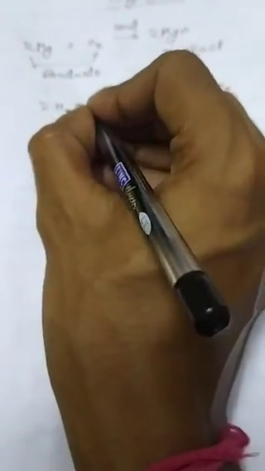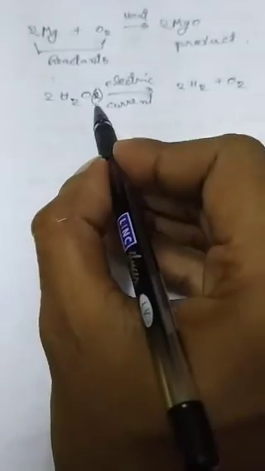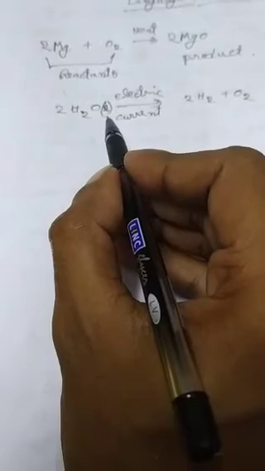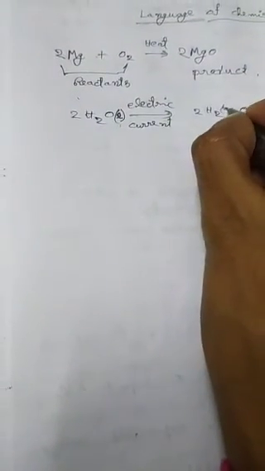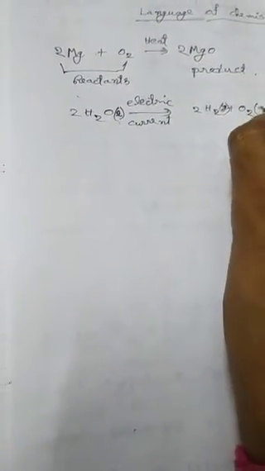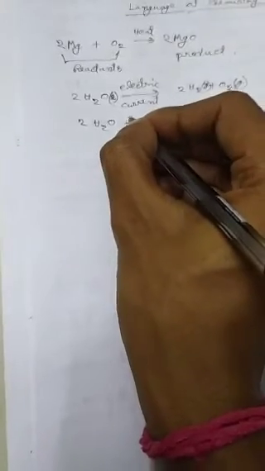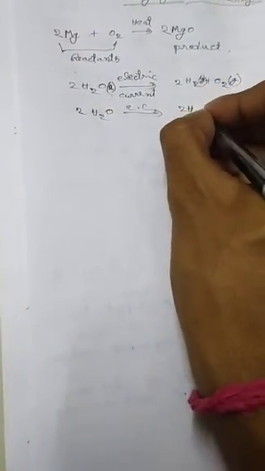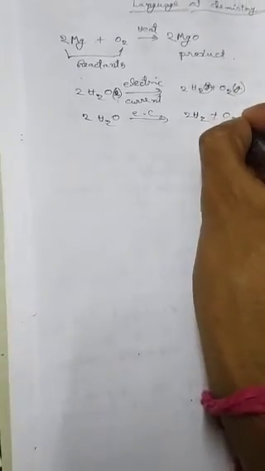I am writing L for liquid, and for these gases we write gas. Now if I write this again: two molecules of water, when electric current is passed through it, form two molecules of hydrogen and one molecule of oxygen.